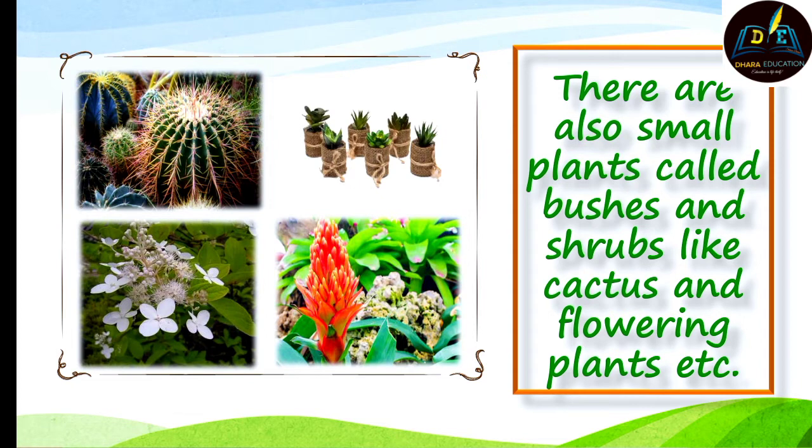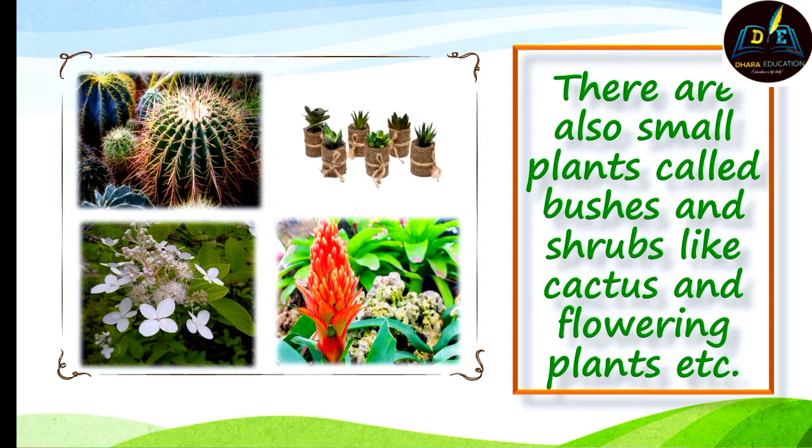This is what there are also small plants called bushes and shrubs, like cactus and flowering plants, etc. As you can see, students, on the screen, some cactus, small plants and small plants with flowers are also seen.